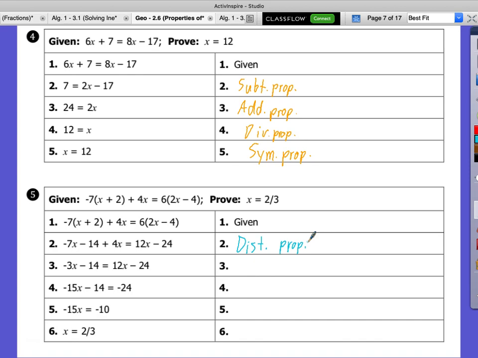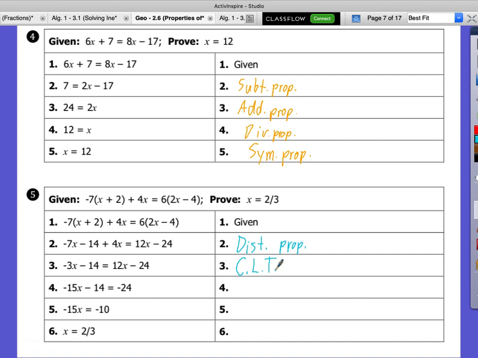The reason this is combine like terms and reason 2 on number 4 was not is because there 6x and 8x were on different sides of the equal sign, so we had to subtract it to get it there. That's using our subtraction property of equality. From step 2 to 3, in our reason 3, these negative 7x and 4x are on the same side of the equal sign. So we can call it combine like terms, which I'm okay with saying CLT.